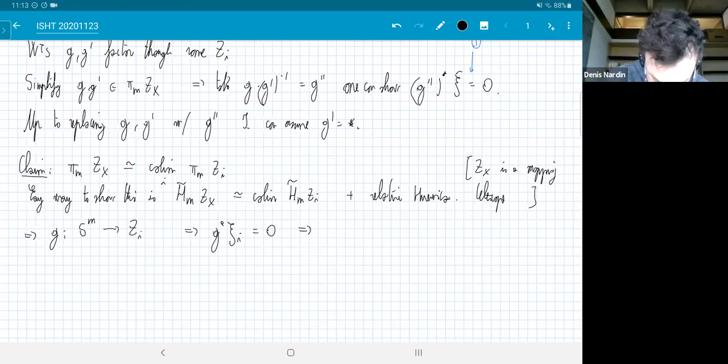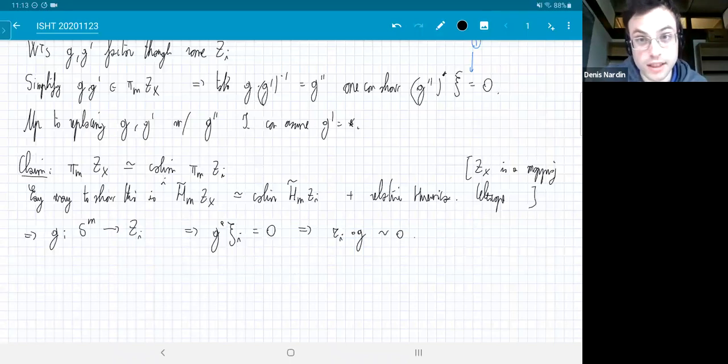And so Ri composed with G is null homotopic, because in the construction of Z i plus 1 we added a cell that kills all these G's. And so we are done, finally, with the claim.